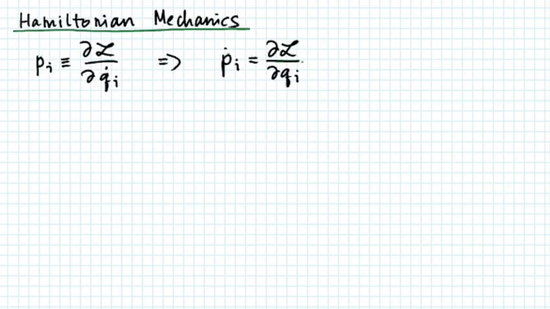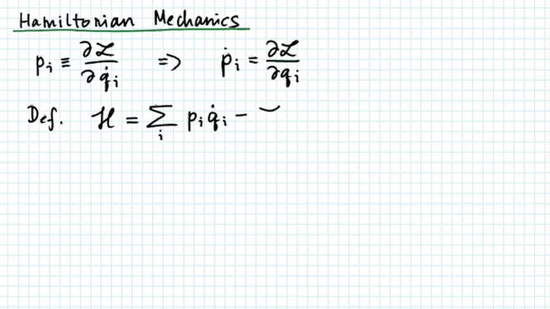So our job is to formulate Hamiltonian mechanics, which is formulated in terms of generalized momenta and generalized coordinates. Definition of Hamiltonian we write in terms of sum of all generalized momenta and generalized velocities minus Lagrangian. So this is the Hamiltonian.